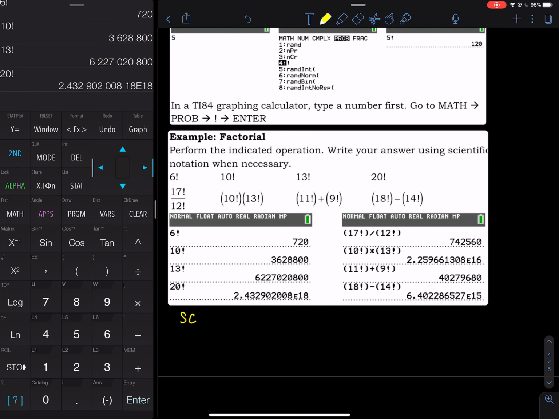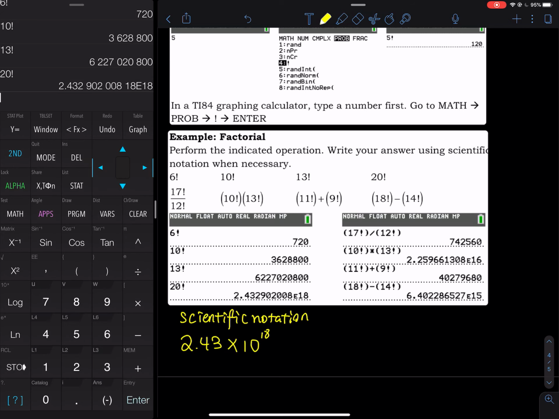So for 20 factorial, here is how we write that. We write 2.43, or 2.4, times 10 to the 18, where the E is base 10 and the 18 is the exponent. That represents a very large value. So if you look at this calculator, that means you are taking this 2.4329 something, and then you move the decimal point 18 steps to the right.